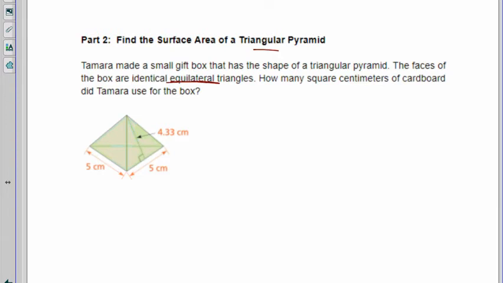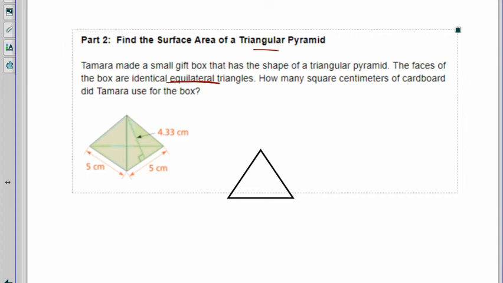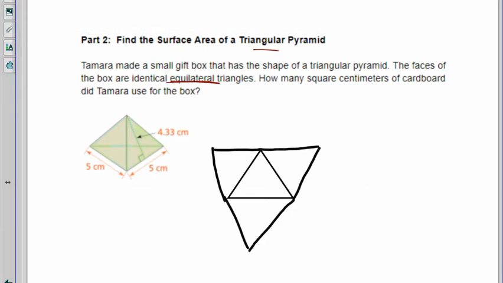So I'm going to draw a net. Here's my base. It's an equilateral triangle. And then I'm going to do my lateral faces. They're also equilateral triangles. I'm going to draw those by hand. It's not perfect, but it'll do. It says that the height of these is 4 33/100, and the base is 5. And they're all the same. They're all the same, it says here.